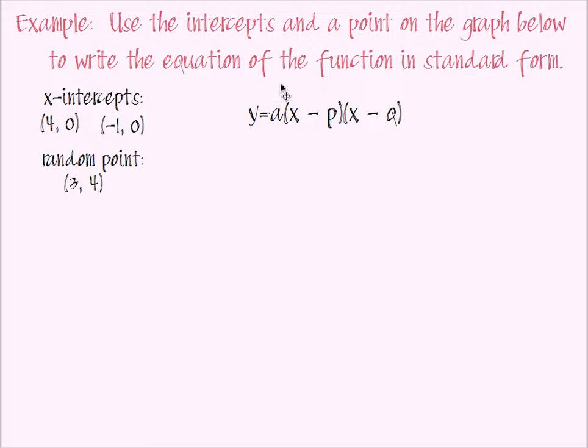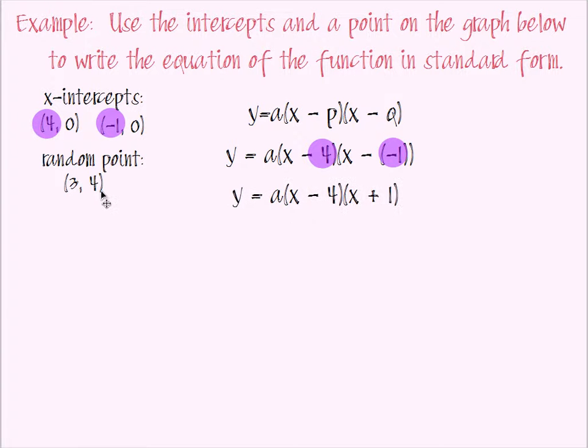So I have a lot of information that I can substitute into this intercept form, right? First of all, I can take P and Q and put them in their places. Then I can take x and y and put them in their places.